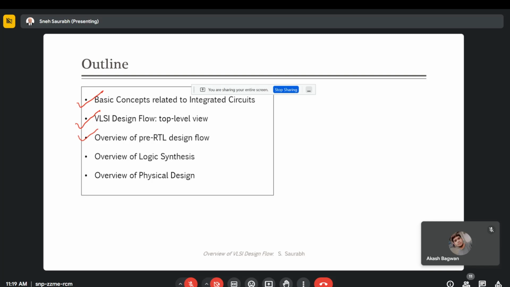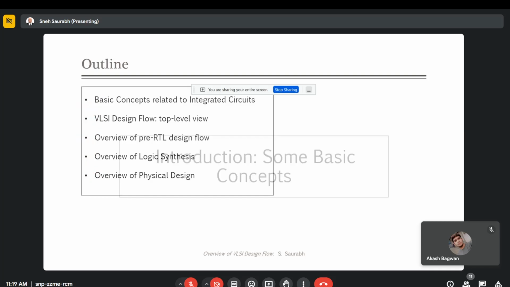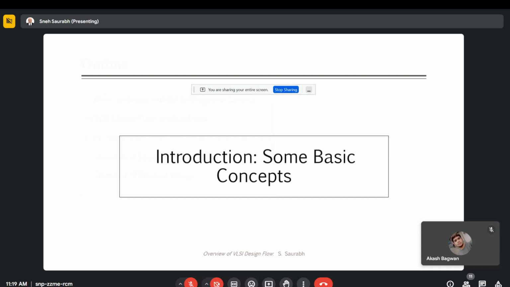And then I'll be looking into logic synthesis. And then I'll be going into integrated circuits. So this is the outline of my talk, and I hope I'll be able to cover all of them in 1.5 hours. So let me start with some basic concepts related to integrated circuits.